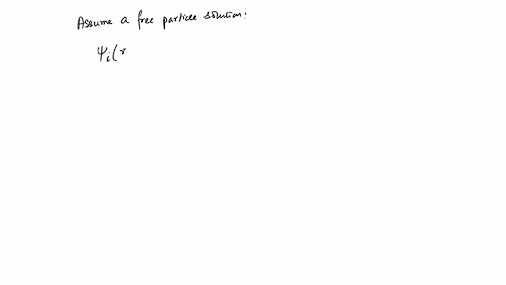Psi_i(r, t) is equal to u_i exponential i(k dot r minus omega t). If you substitute this in the Dirac equation, keeping the amplitude of course, you get a 4 by 4 equation.